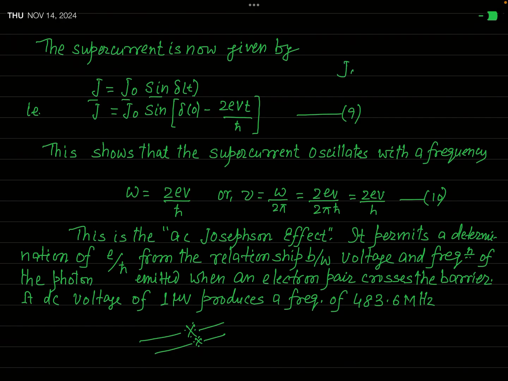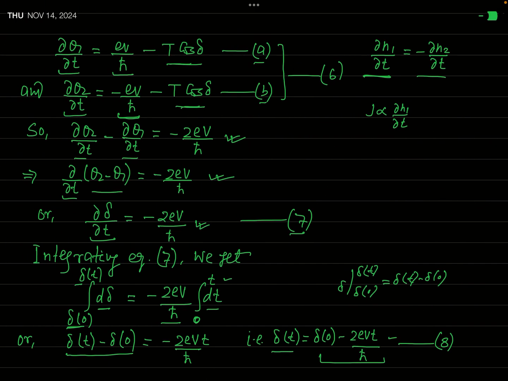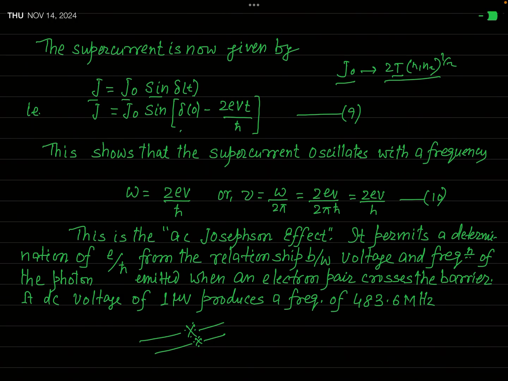Here this J naught will include 2T n1 n2 over h bar, and not only this, there will be other factors too. So this J naught, which is the maximum value of the supercurrent, depends on this T. But this delta of t we have already obtained: delta of 0 minus 2eVt over h bar.